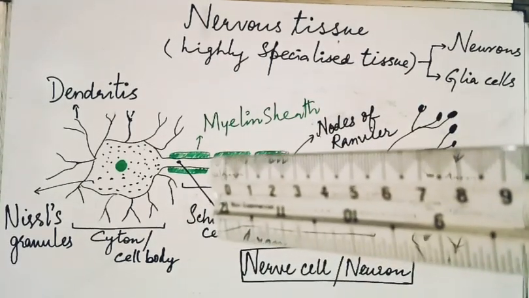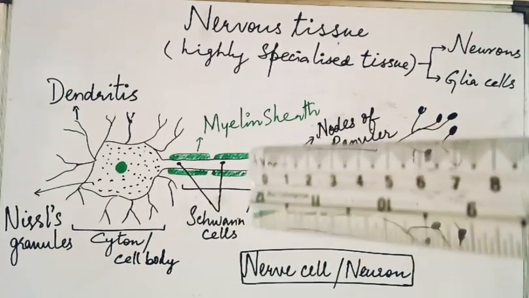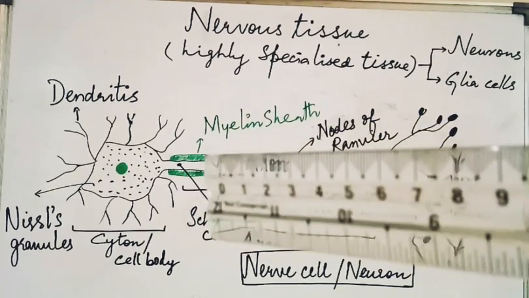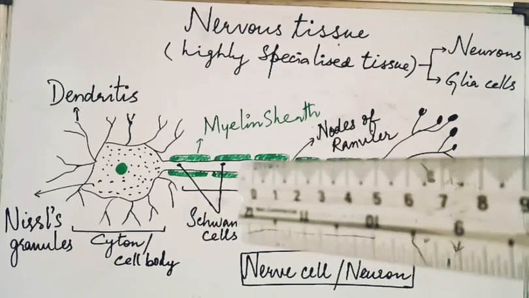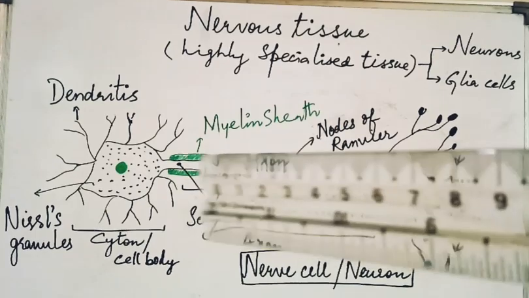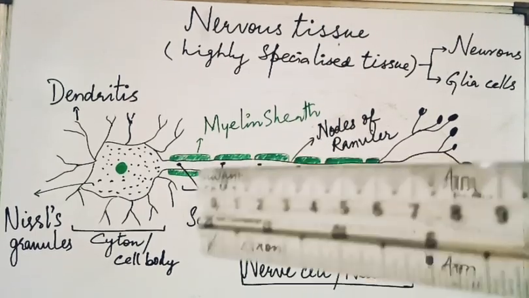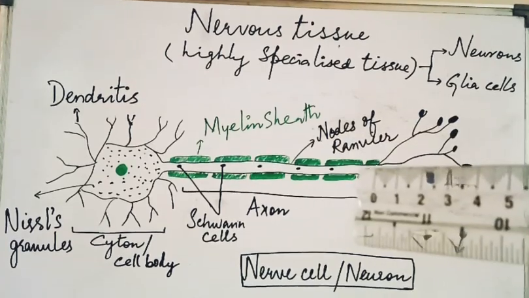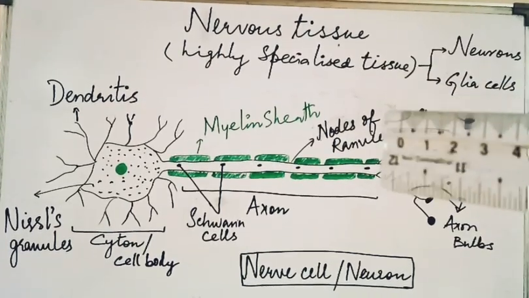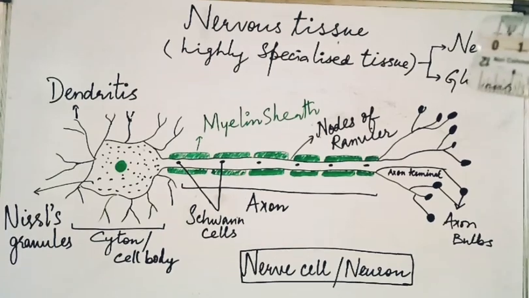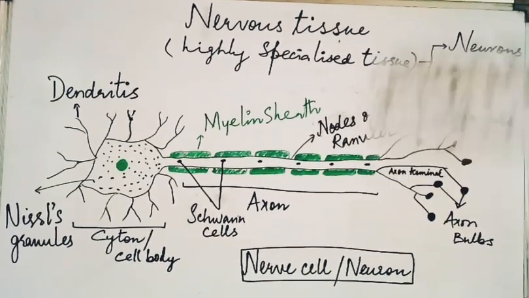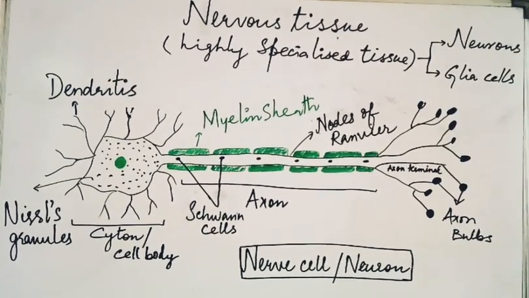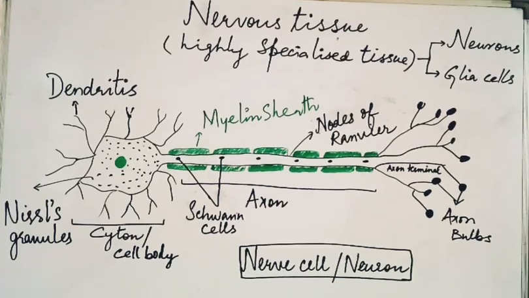This is responsible for making the impulse jump from one node of Ranvier to another node of Ranvier. Fine. So information passes like this. And such a type of conduction, where the impulse jumps at the nodes of Ranvier, is called saltatory conduction.